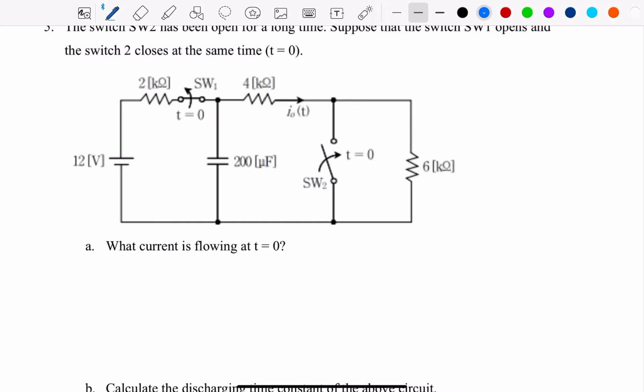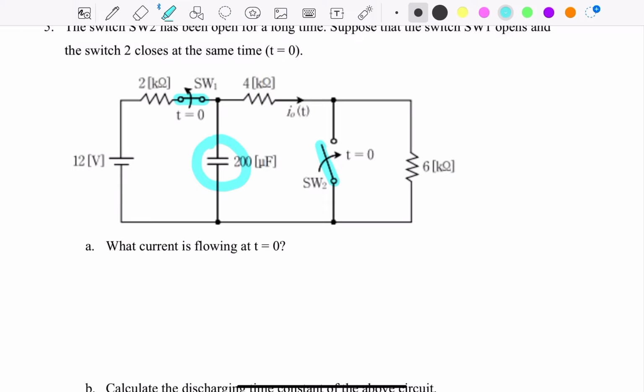Then, what is the current flowing at t equals 0? Let's first think about when S2 is open and S1 is closed. When S1 is closed and S2 is open, the capacitor becomes an open circuit, right?